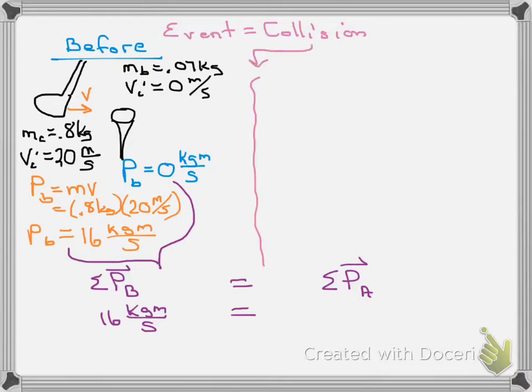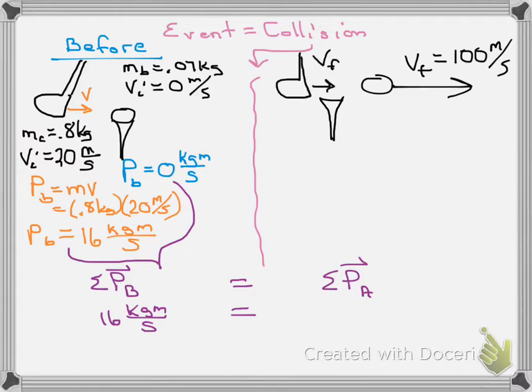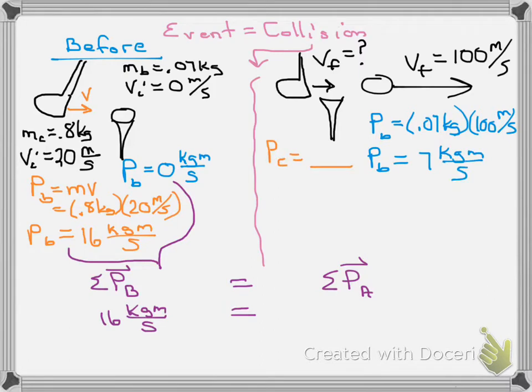So event happens, hit. Afterwards, the ball, let's say, is moving off with a speed of 100 meters per second. Let's find what speed the club is moving with after the hit. So the momentum of the ball afterwards is 7 kilogram meters per second.